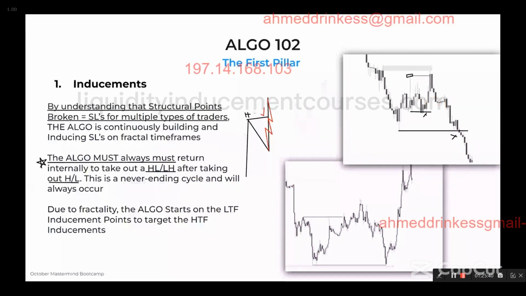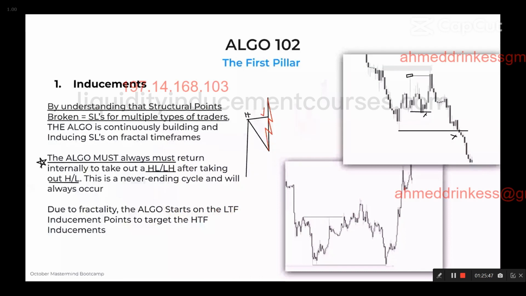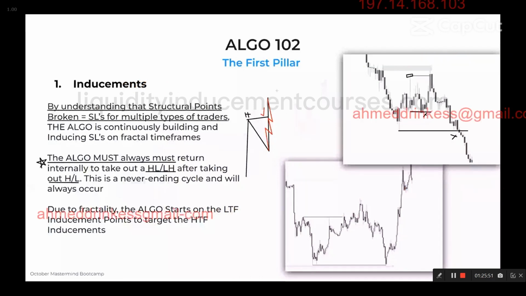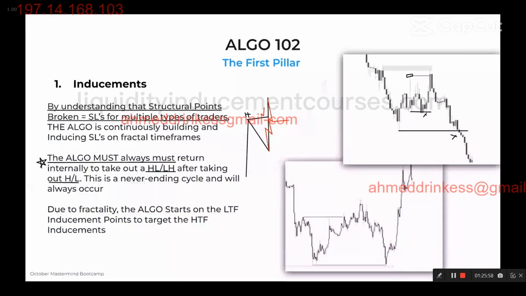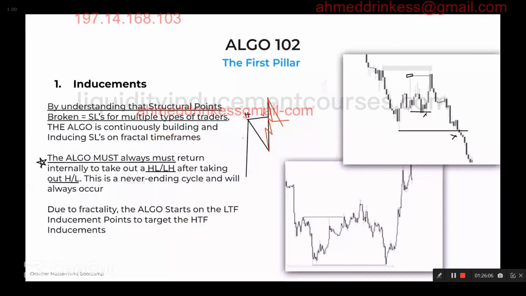Where's the immediate place that the opposite side of the trend is going to have stop losses? Right here. If we have sell stop losses rated, now we need to rate buy stop losses. The first area within this range where buy stop losses are going to occur is right here. We need to know that as soon as this gets collected, the first internal point is where price must always come back to. This is what always needs to happen.